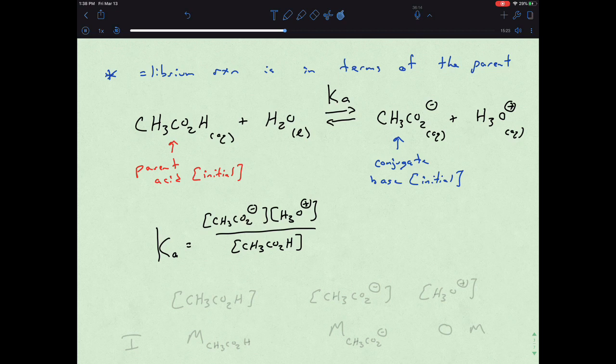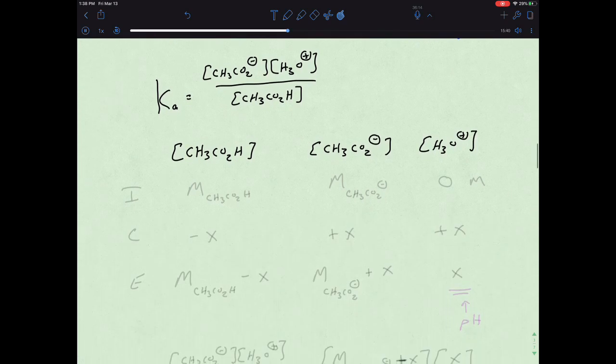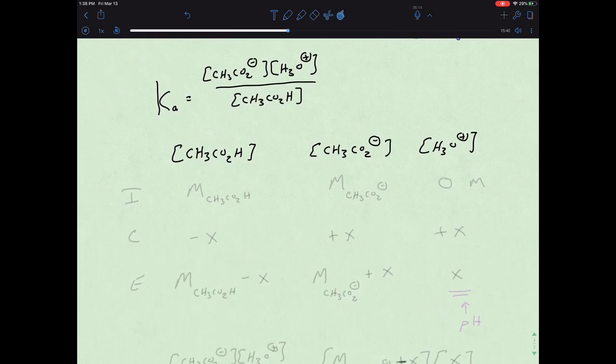We'll find that there's a trick that we can use, but to begin, let's just kind of reinforce what we learned in chapter 16. So now constructing the ice table, putting in all the components that are necessary for Ka. So we have the parent acid, acetic acid, the conjugate base, acetate, and then hydronium.